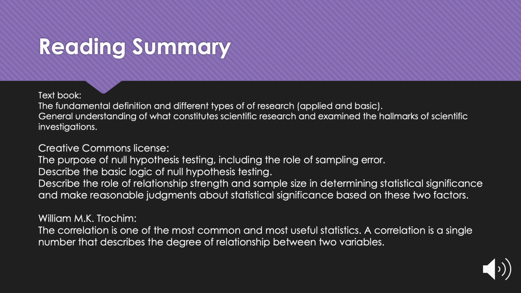From William Trochim, we have learned that the correlation is one of the most common and most useful statistics. A correlation is a single number that describes the degree of relationship between 2 variables.